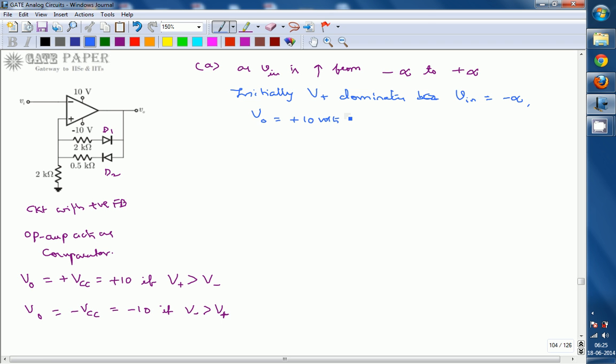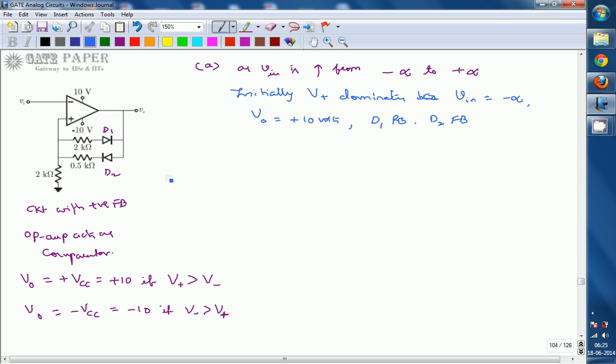Whenever V0 is at plus 10 volts, the diodes D1 and D2 are connected to plus 10 volts. That plus 10 volts is connected to the N side of D1 and the P side of D2, so D1 becomes reverse biased and D2 becomes forward biased.